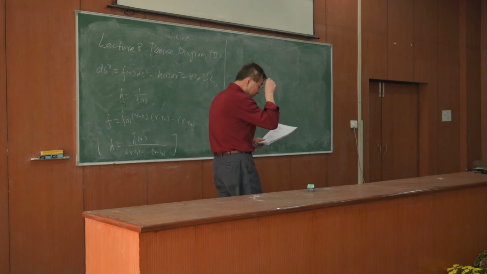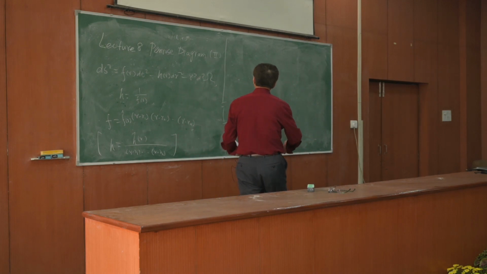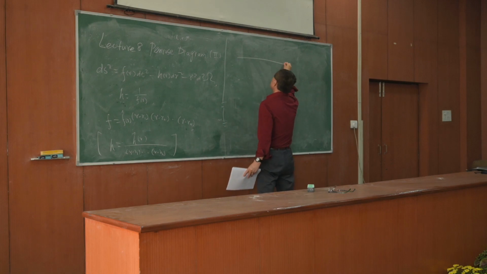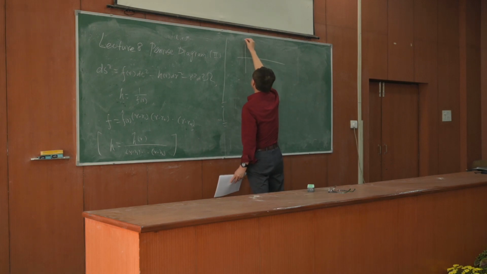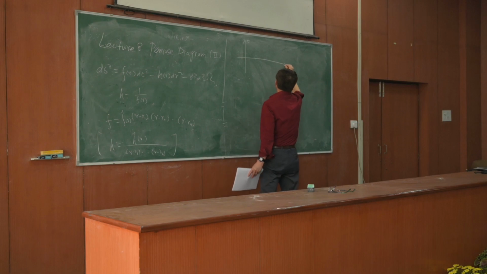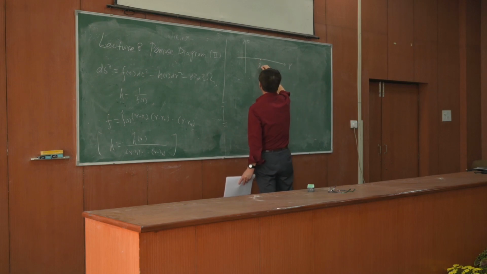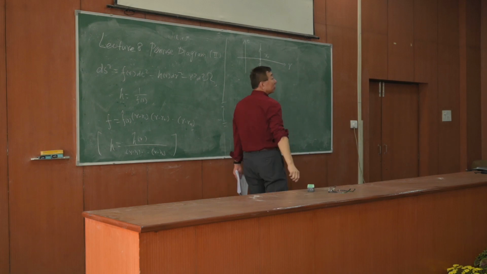Now, the first thing we would like to see is, okay, we have this, and my T and R is not F anymore. This is R. I want to see one observer who starts with, let's say, R equals 0. This is the trajectory of this observer, right?